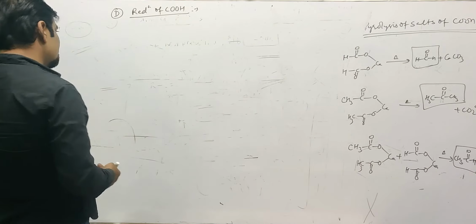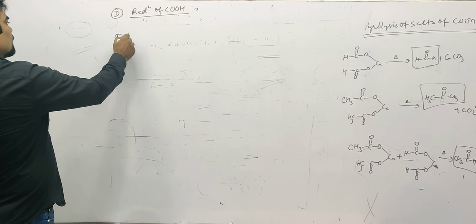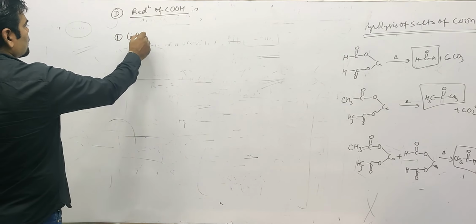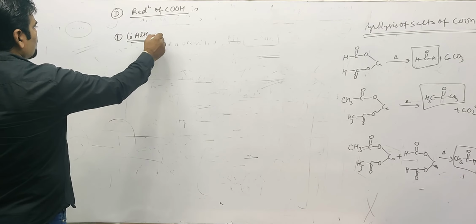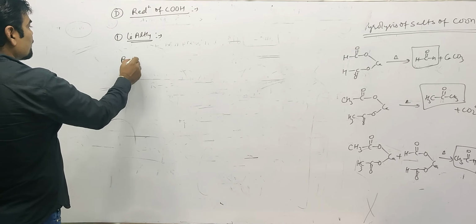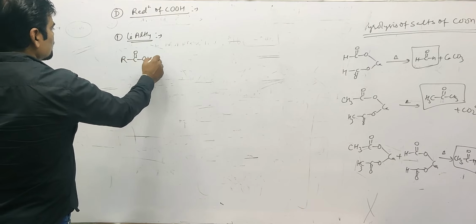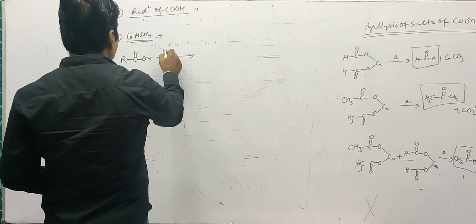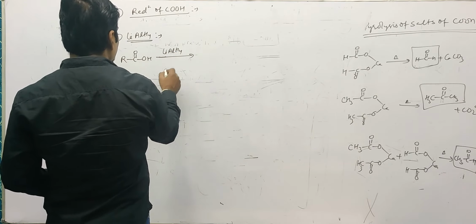So the first is by the use of lithium aluminium hydride. Carboxylic acid RCOOH, by the use of lithium aluminium hydride, what does it form?